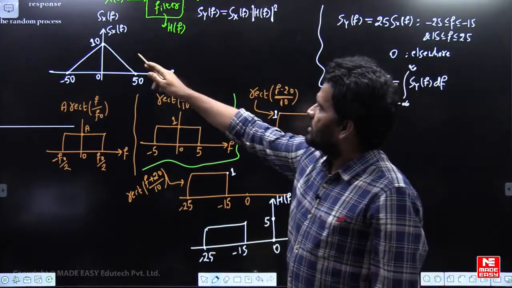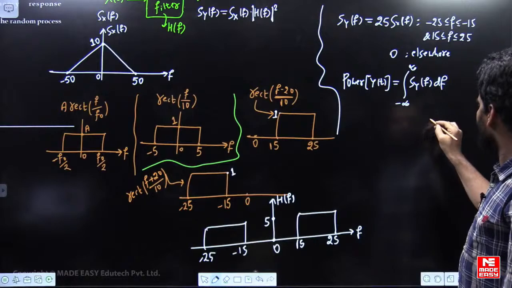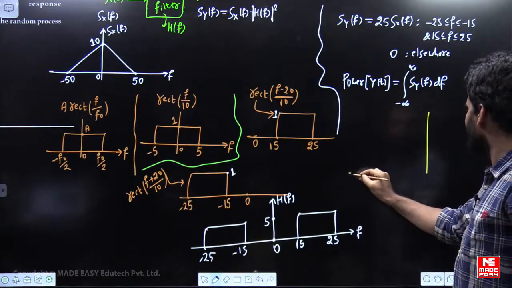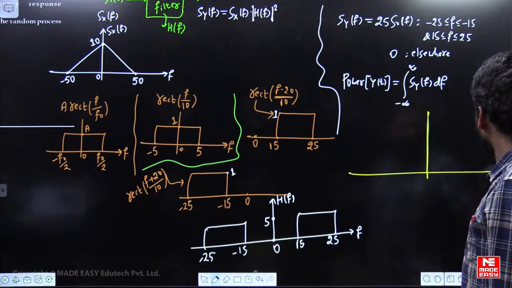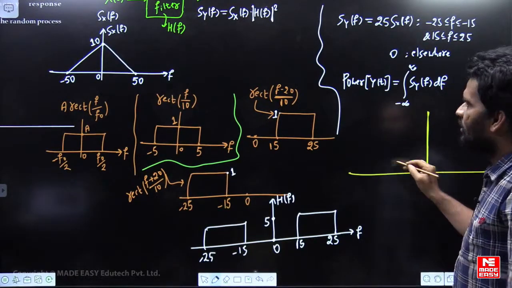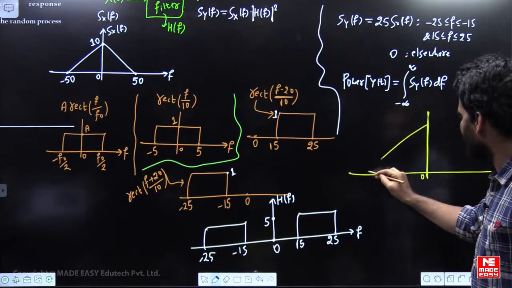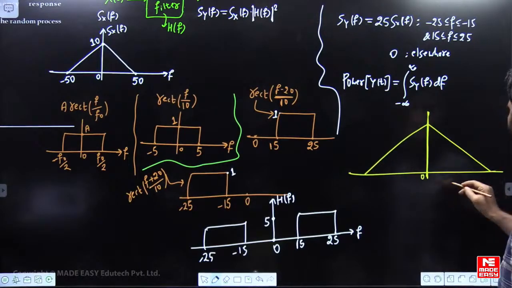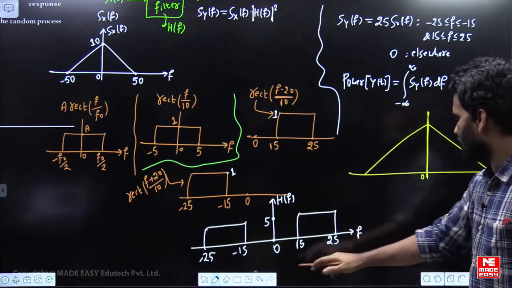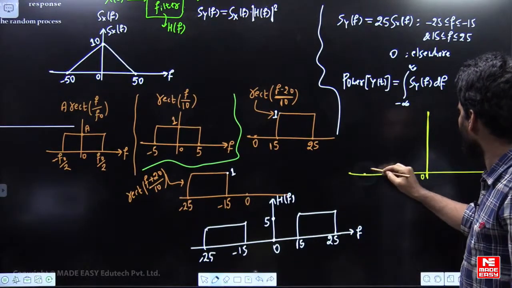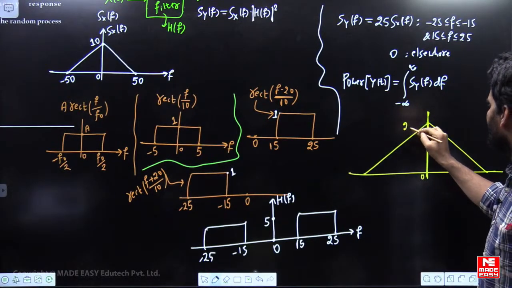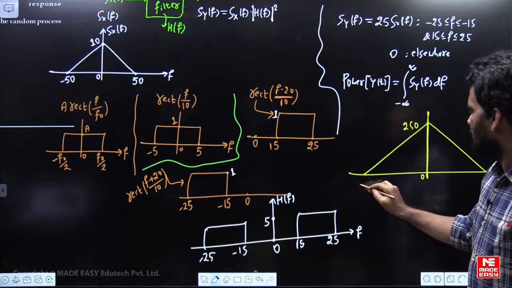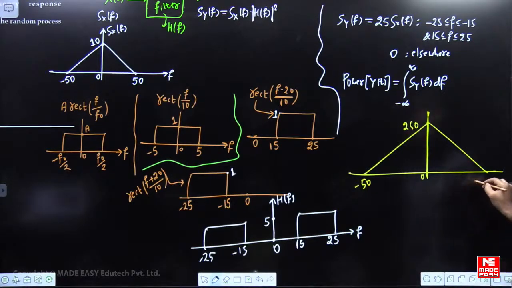If you multiply this Sx of f with 25, the height will become 250 now, and minus 50 to 50.